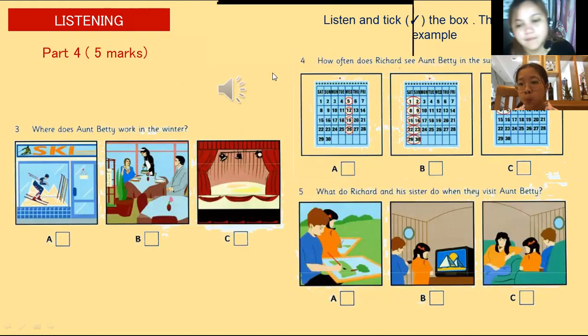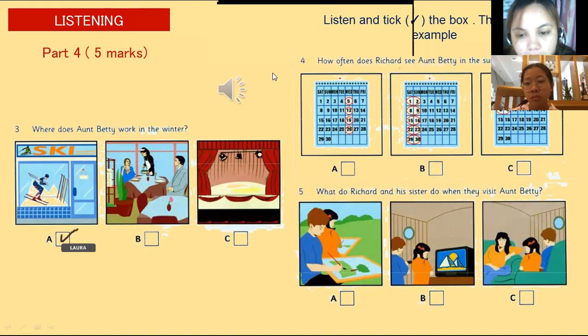3. Where does Aunt Betty work in the winter? Does your Aunt Betty work? Yes, she works hard in the winter when everyone comes here to ski. Does she work in the hotel? Not now. She worked in the restaurant there about 5 years ago, but now she works at the theatre, in the shop there.